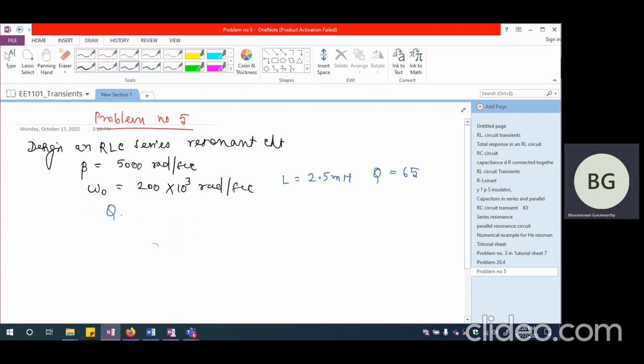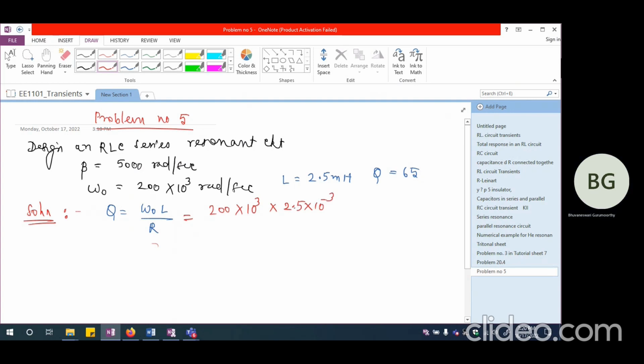Now, quality factor is defined by omega L divided by R. So this is omega naught L by R, which is 200 multiplied by 10 power 3 multiplied by 2.5 multiplied by 10 power minus 3, divided by R. So this is 200 multiplied by 2.5, which is 500.